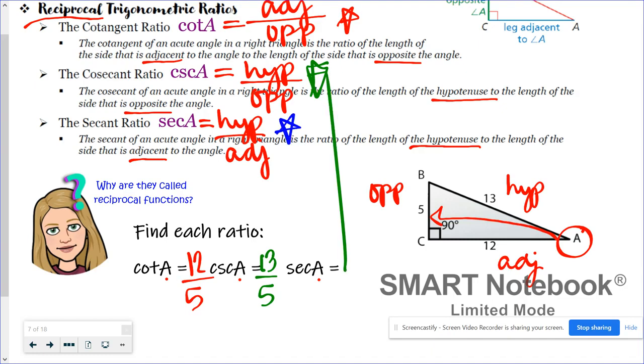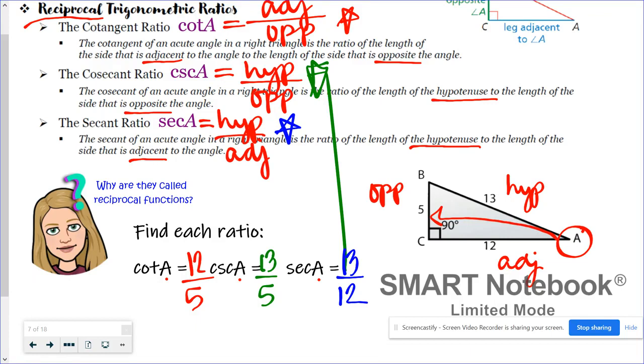The hypotenuse is 13 and the adjacent side is 12. So we're still finding these ratios just like we found sine, cosine, and tangent. They don't have a nifty little remembering device like SOHCAHTOA, unfortunately.